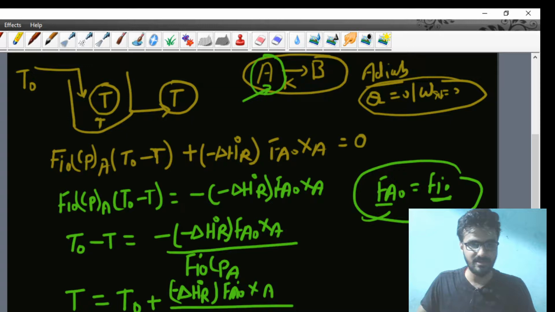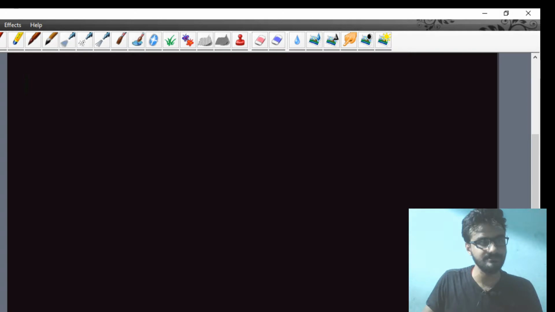So the basic formula that you have got is T equals T0 plus minus of delta H0, the enthalpy of reaction ΔH0_R, F_A0 X_A upon... This derivation is applicable only for a unimolecular reaction. If a bimolecular reaction is there, this is not applicable; this is for A getting converted into B.